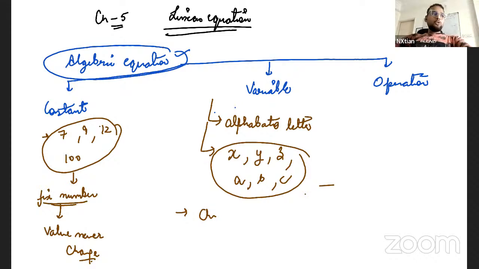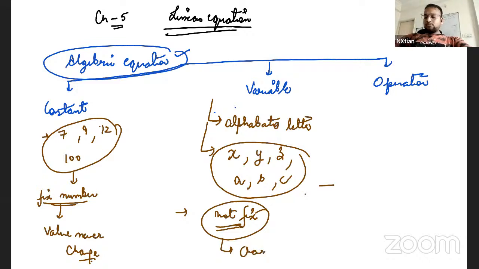For example, in one question you got X as 5. In the second question you got X as 9. So the X value is not fixed. Did you get it, guys? The value of X is not fixed. It changes from question to question.